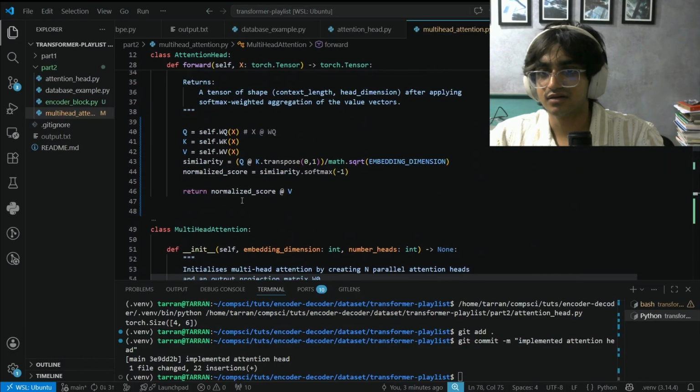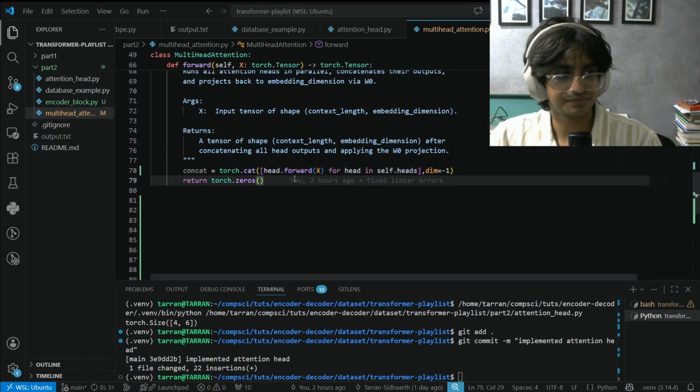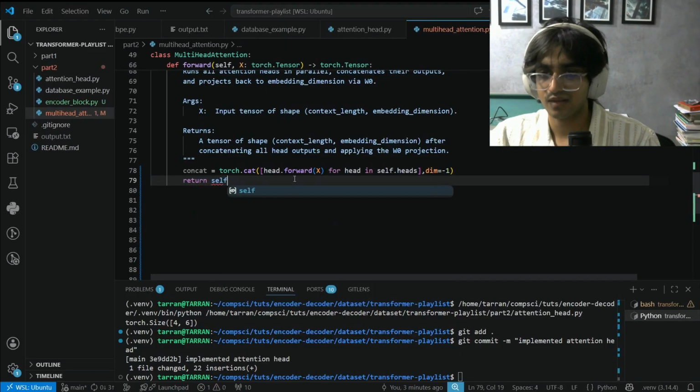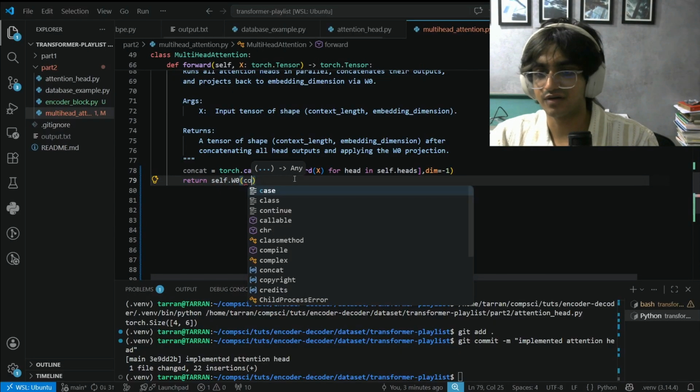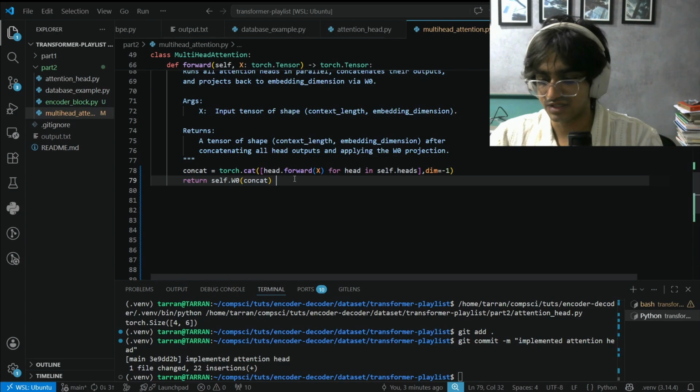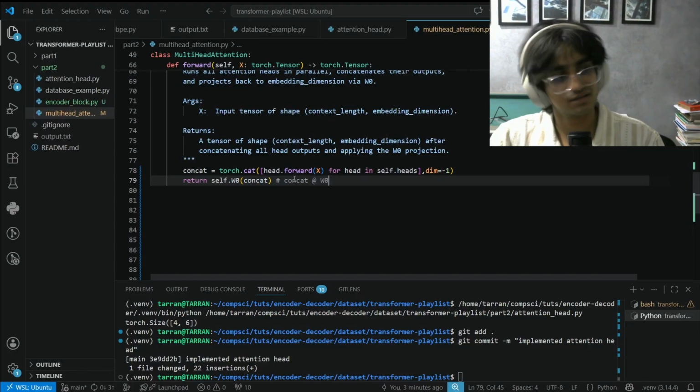And finally, here we're going to return W0 of our concatenation, which I told you, if you do this, is essentially just your concat @ W0. It's the equivalent.